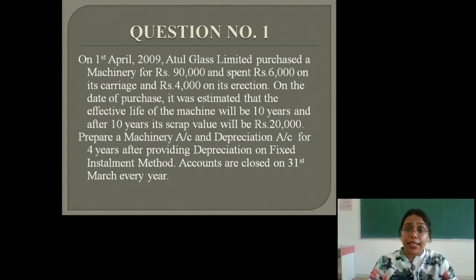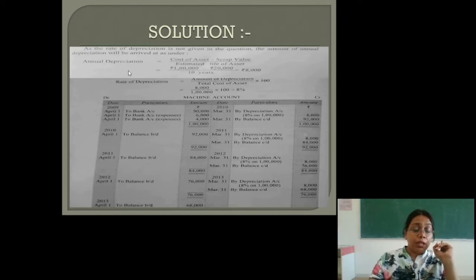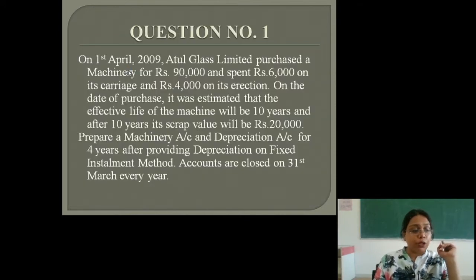We have already seen the formula for calculating the amount of depreciation in this method. As the rate of depreciation is not given in this question, the amount of annual depreciation will be arrived at as under. The formula: annual depreciation equals original cost of asset minus scrap value of the asset, whole divided by estimated life of that asset.